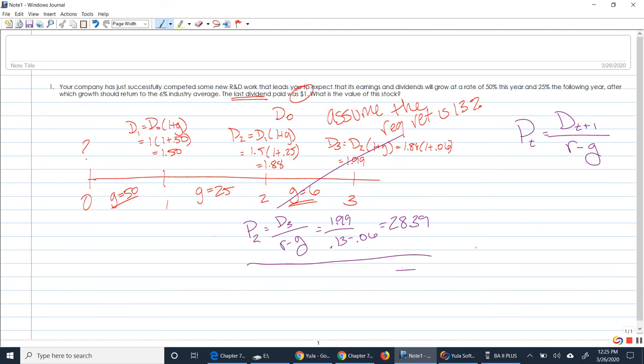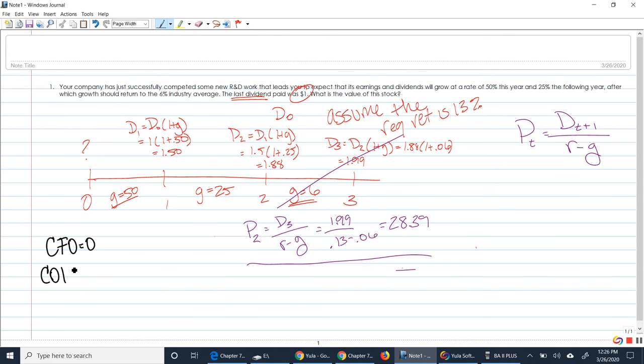Step 1 was to calculate the dividends to one period after where the growth rate becomes constant. Step 2 was to use the Gordon model. Step 3 is to take the present value of these cash flows. So our cash flow at time period 0 is 0 because there's nothing above the 0 mark.